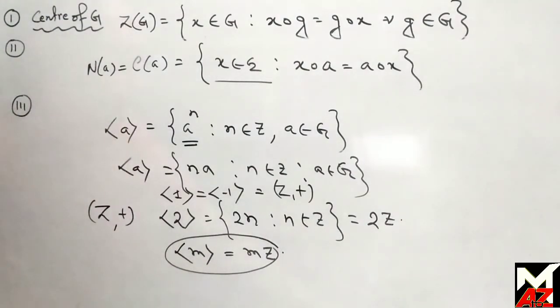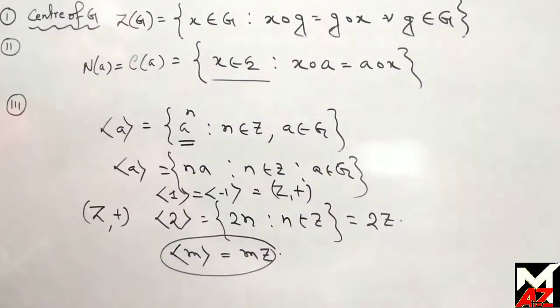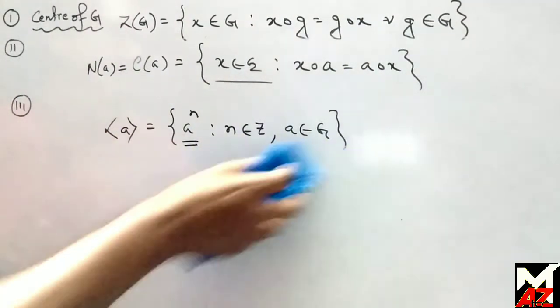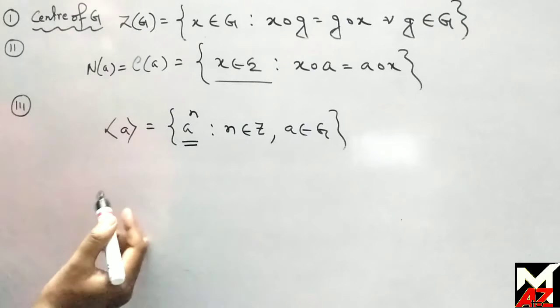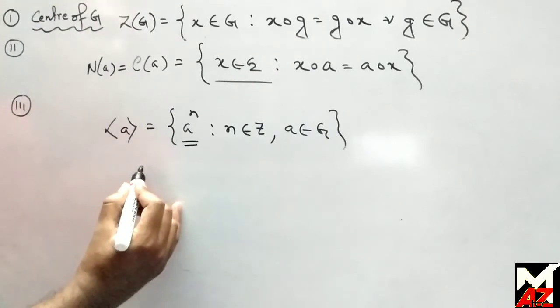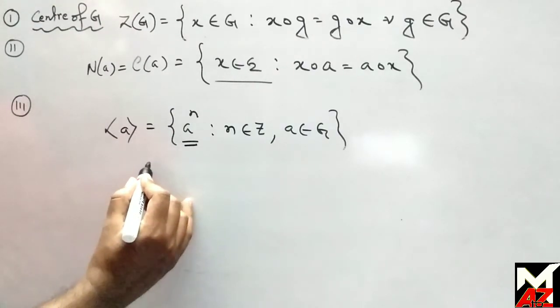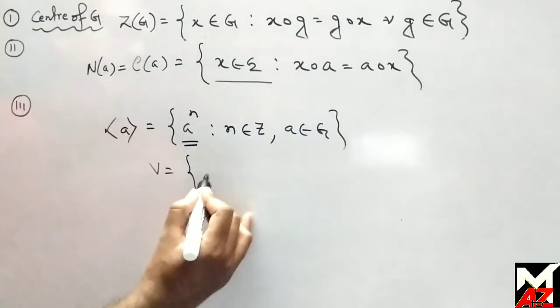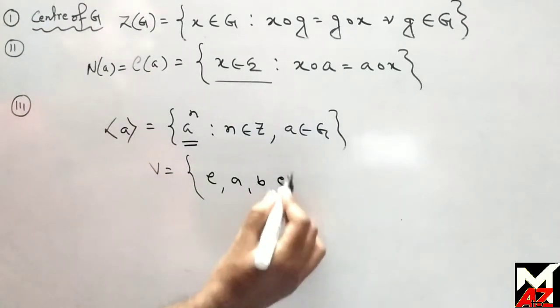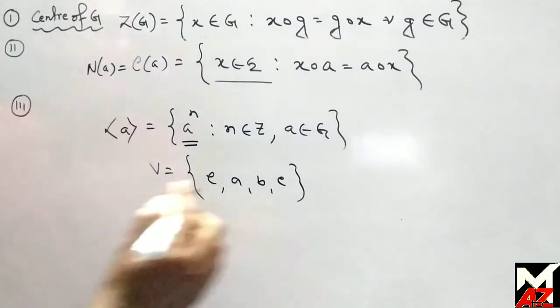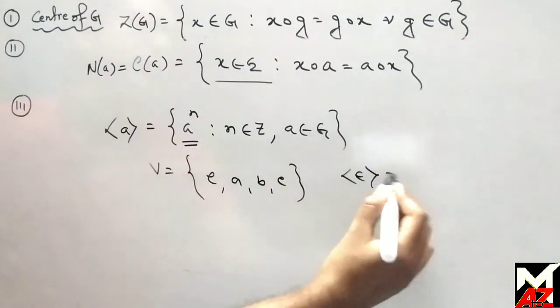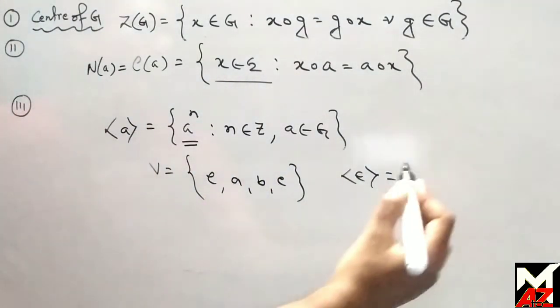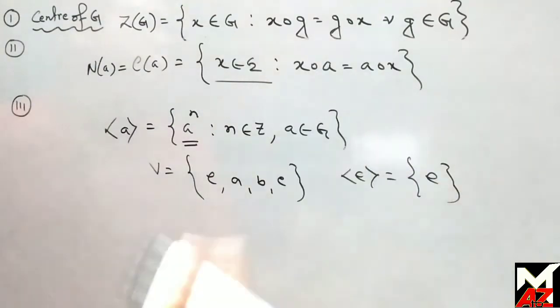And we take another example. If we take the Klein four-group V with elements E, A, B, C, then generating E, we get the trivial subgroup.